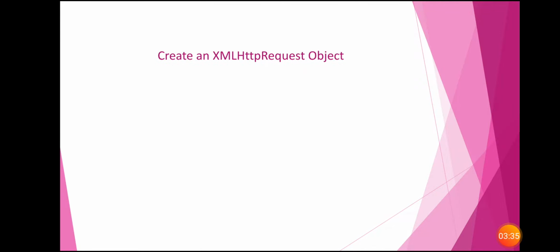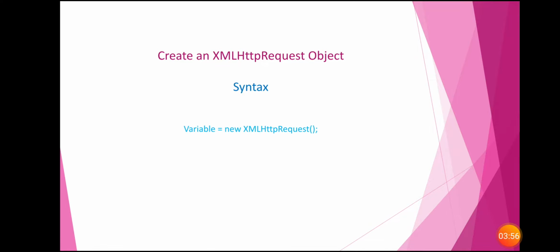Step number one, create an XMLHttpRequest object. We need to create an XMLHttpRequest object. All modern browsers support the XMLHttpRequest object. It can be used to exchange data with a server behind the scenes.